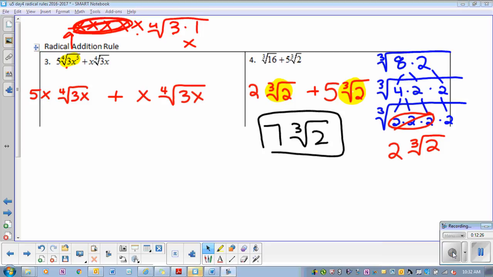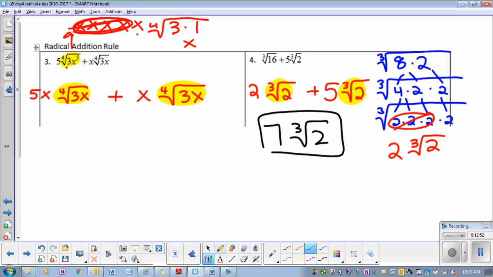So then with this one, guys, can I add the outside numbers now? Yeah. Good look. Fourth root of 3x and fourth root of 3x. Now they're looking the same. So that means, what is this? 5x plus x is what?